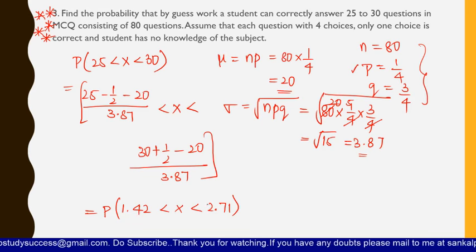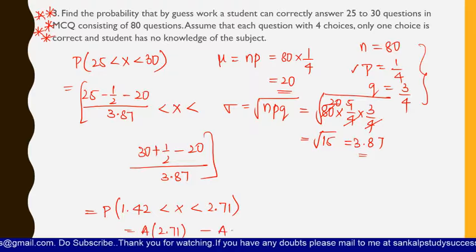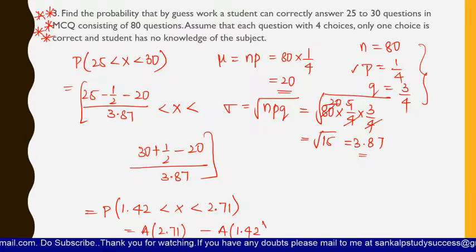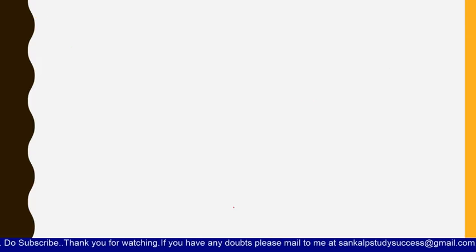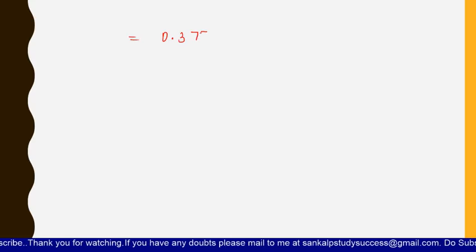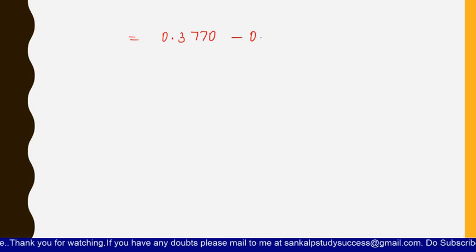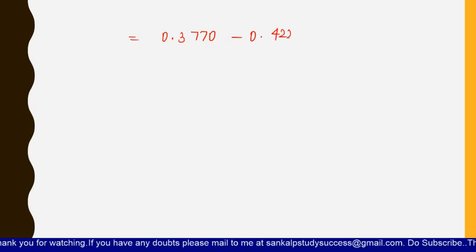So you have to just subtract the areas of 2.71 minus area of 1.42. You have to just subtract. So the values of these you will get from the Z distribution table, which are 0.4970 minus 0.4222.